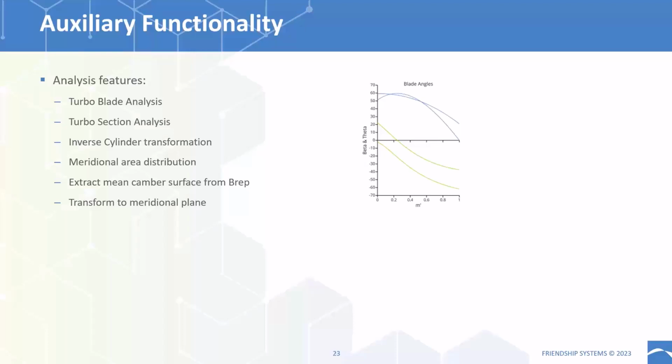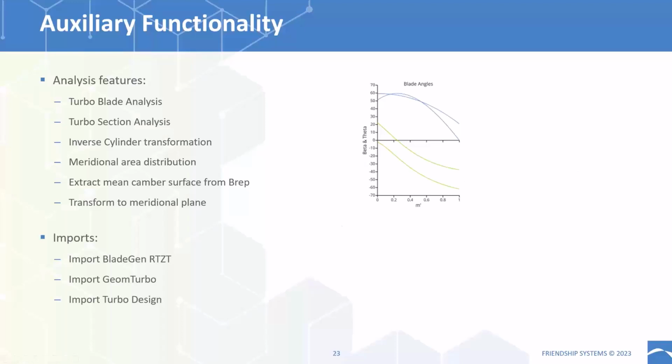Other functionality does inverse cylinder transformation to transform data from cylinder coordinates to Cartesian coordinates, calculates the area distribution in the meridional plane, extracts the mean camber surface from a BREP, for example from an import, and transforms to the meridional plane.